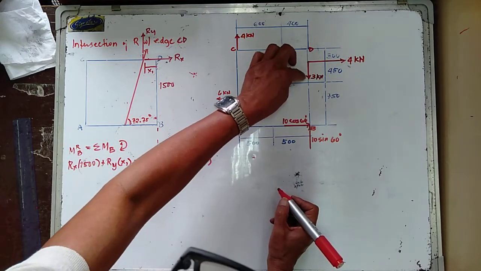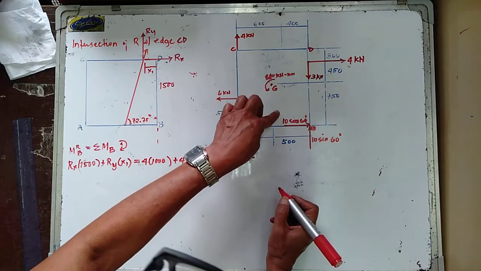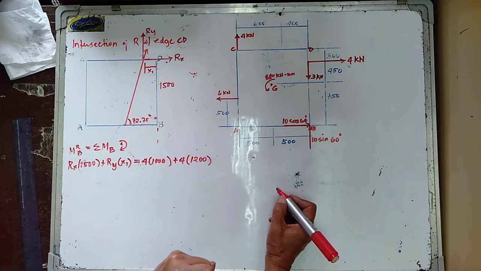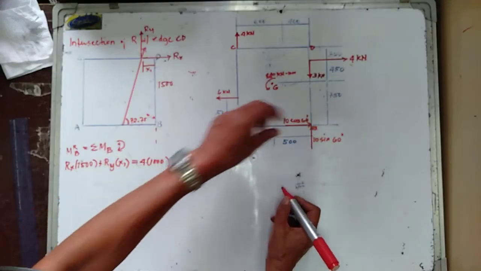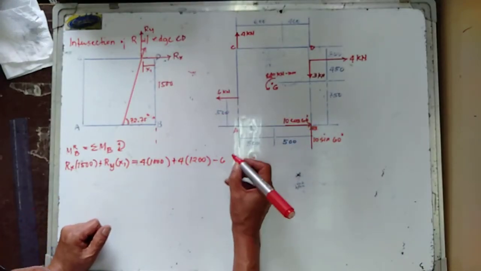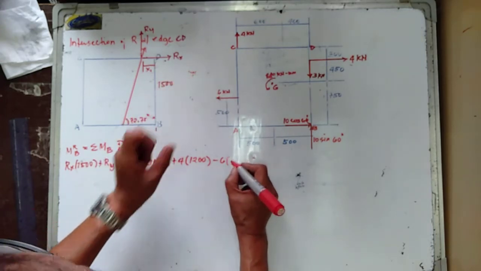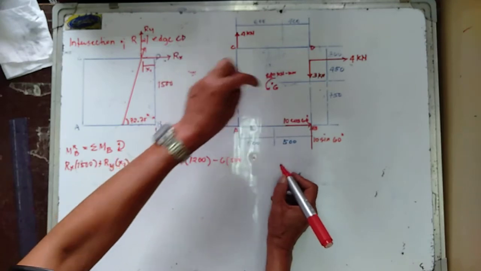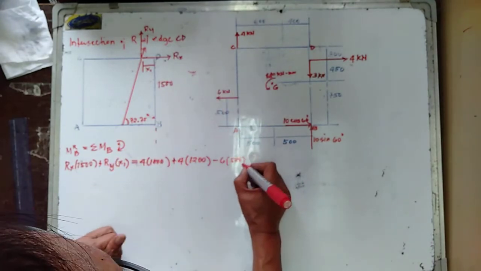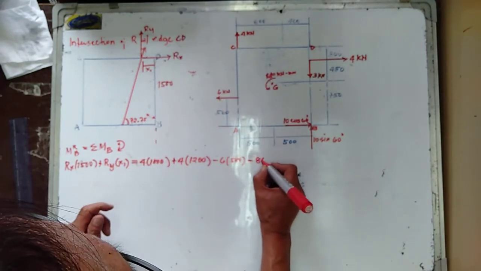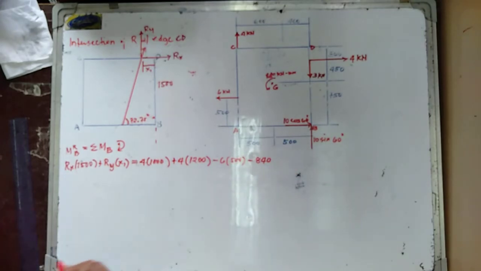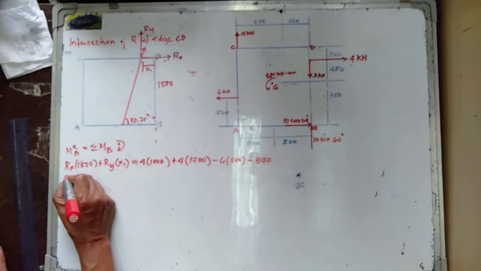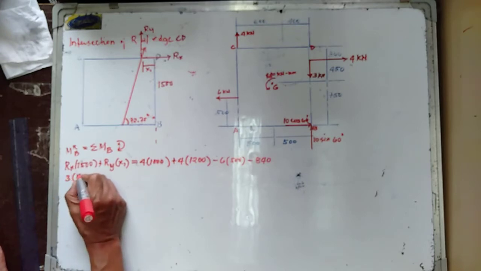Again, 3 has no moment about point B. 10 cosine 60 and 10 sine 60 have no moment about point B. So it's going counterclockwise. So minus 6 multiply this one by 500. And then we have a counterclockwise moment in there, so we have minus 840.